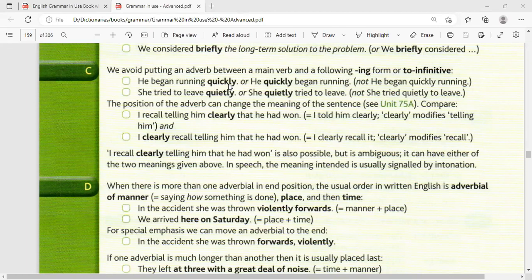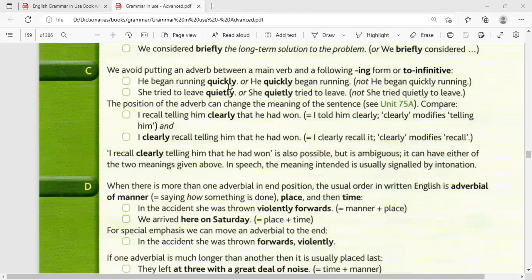Yes. She tried to leave quietly, or she quietly tried to leave. Can we say she tried quietly to leave?